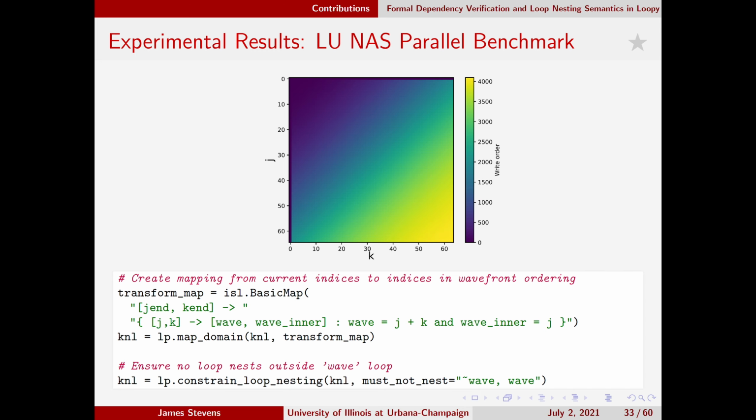To use the wavefront access pattern that I described earlier, we next create a mapping from the original loop indices to the new ones. And then we specify a loop nest constraint, ensuring that the loop over the waves nests outside any other loops. Again, this is one of our heat maps showing the order that solution elements were computed.